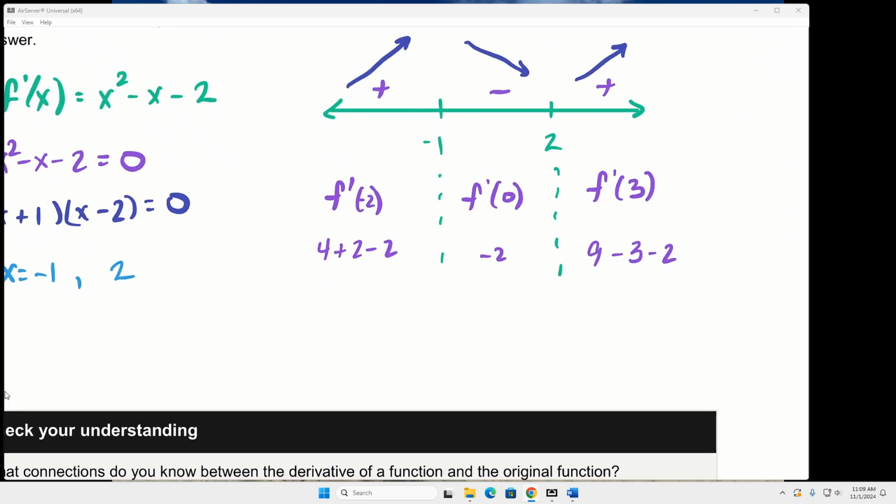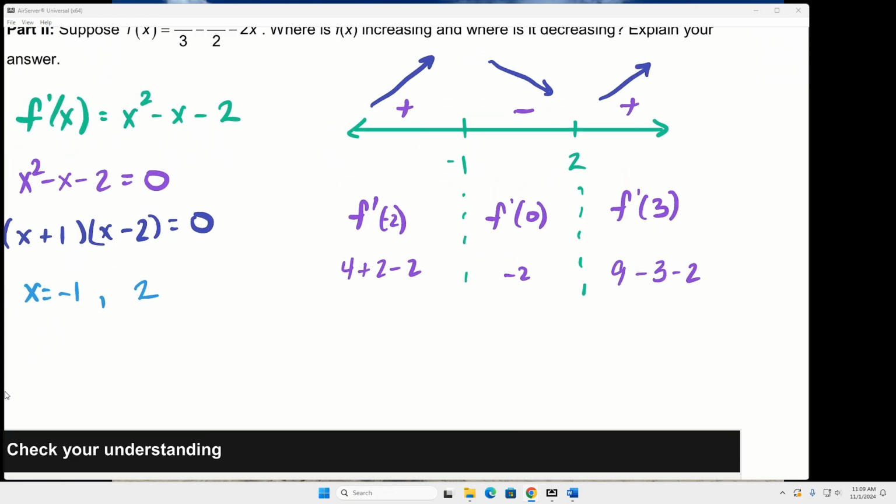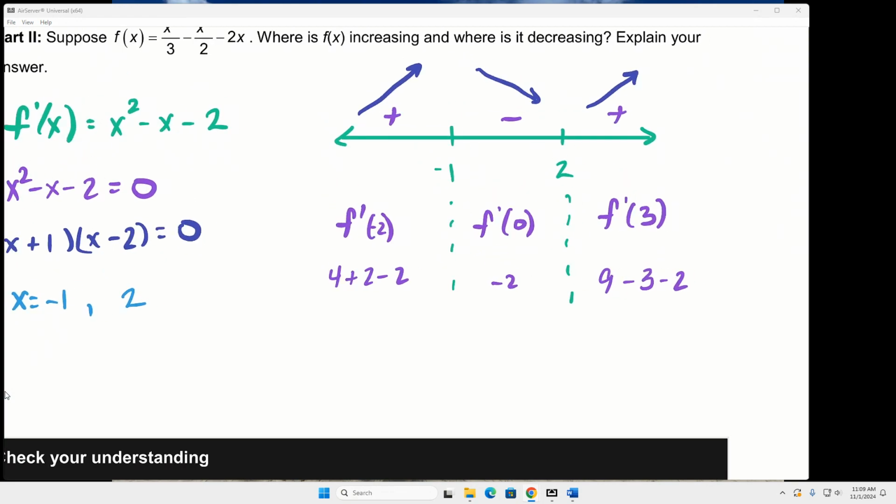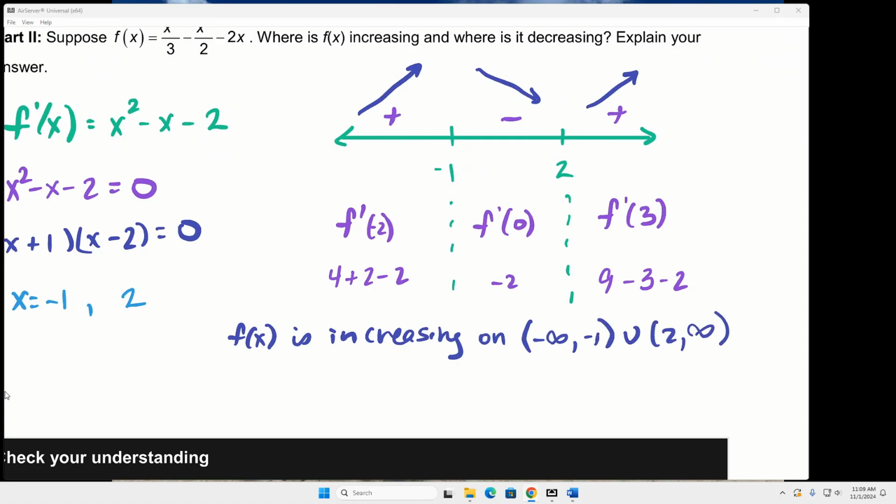And when it says to explain your answer, you are going to have to give some explanation using the first derivative. And so you could say something like f of x is increasing on those intervals because f prime of x is positive on those intervals.